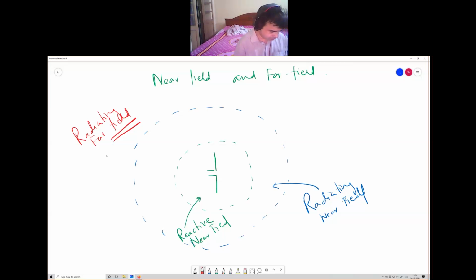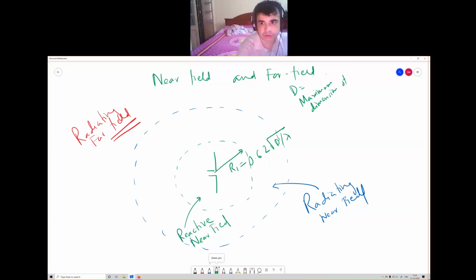This radius is R1, equal to 0.62 square root of D cubed by lambda, where D is the maximum dimension of the antenna and lambda is the wavelength.